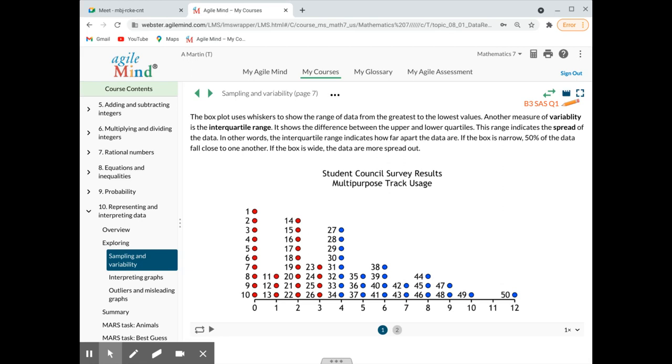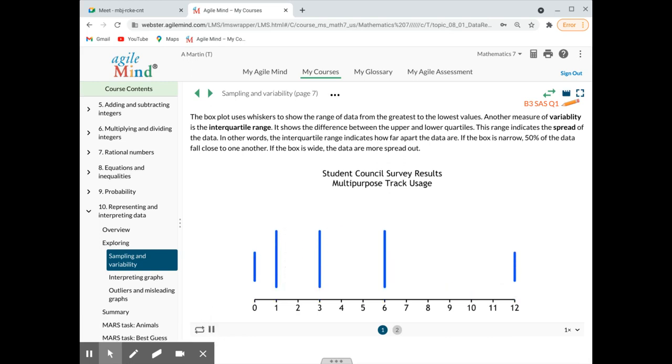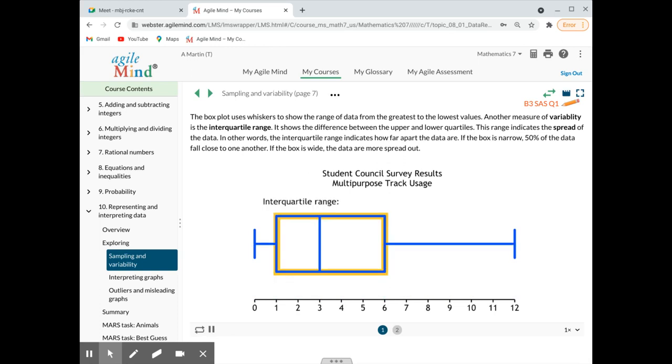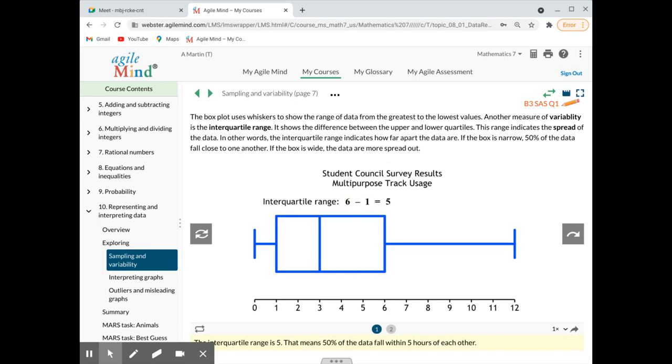Good, good. So if we were to use this data and make a box plot, I'll do that now. You'll notice that this box is relatively what? Is it close or far apart? Is it sort of far apart?